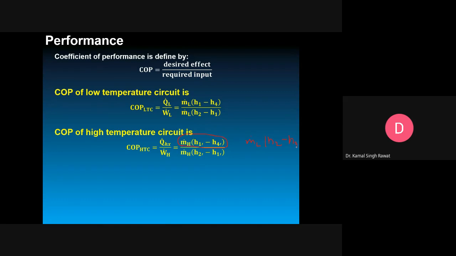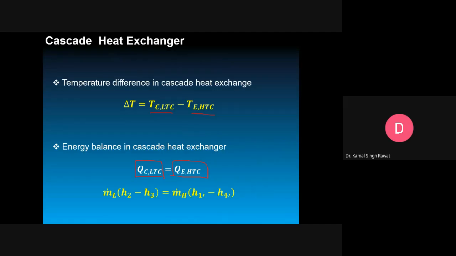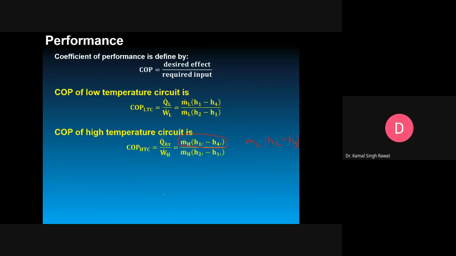Yes or no? Because these two values are equal, we can also write M dot L (H2 minus H3). But we will not write it, because it will not make sense here. So this is the COP of the high temperature circuit.